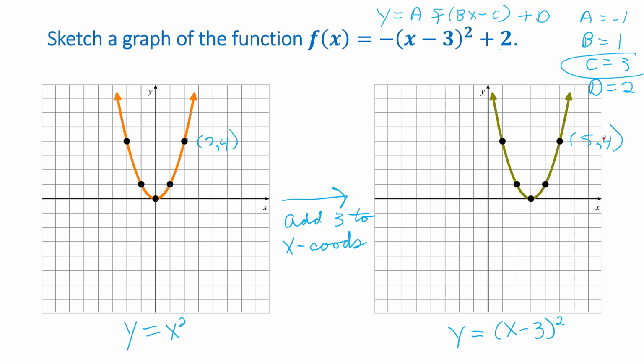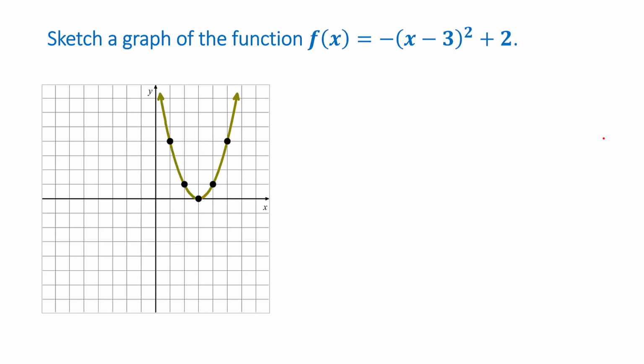Okay, so we got that. And then we're going to move on to our next step here. So right now we have the graph of y equals (x - 3)^2. Okay, so we took care of c. Step 2 here is to work with b. Well, in this case, b equals 1.